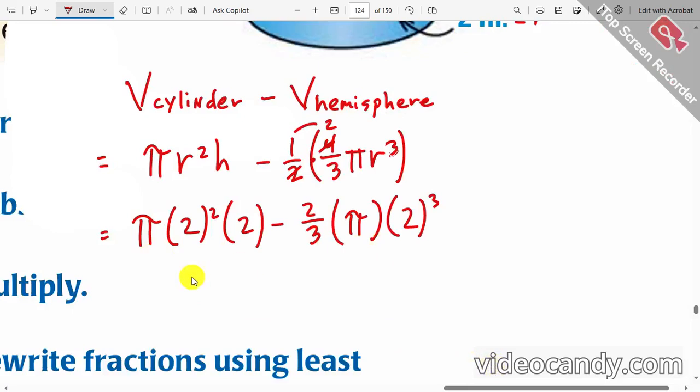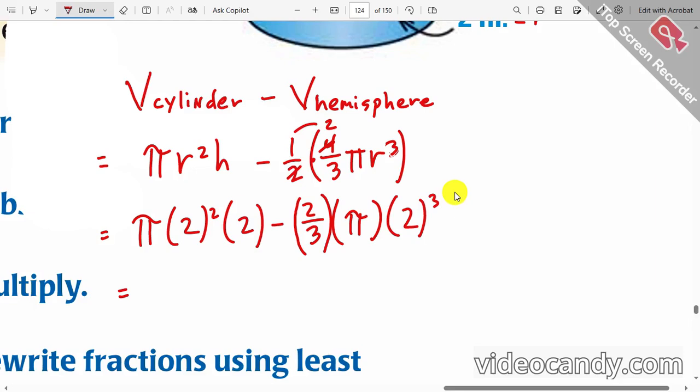You can do this in 2 steps or 1 if you like. Just make sure you can do it on the calculator. I would put parentheses around the 2/3 if you don't know how to do fractions on the calculator. But I'm going to do pi times 2 squared times 2. Hit equals, and then minus, and I'll use parentheses, 2 divided by 3, close parentheses, times pi times 2 to the 3rd.